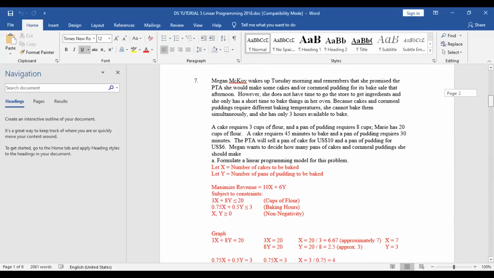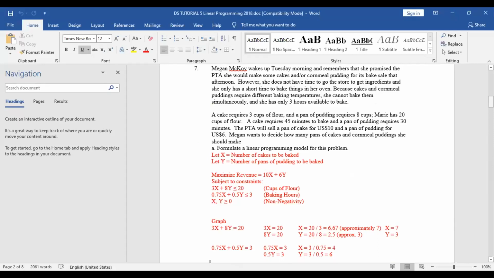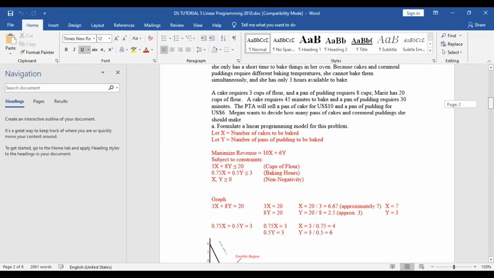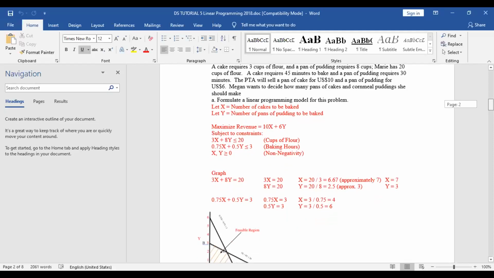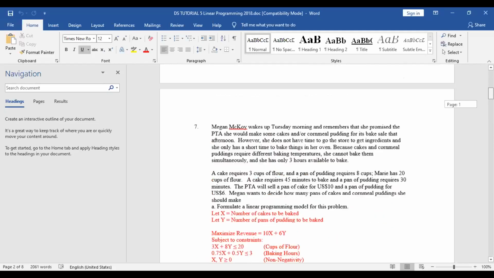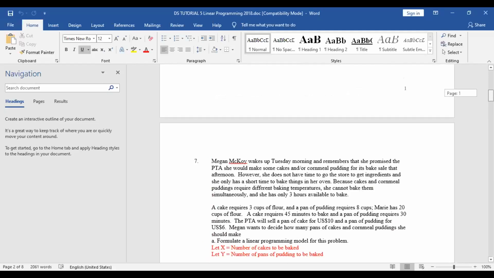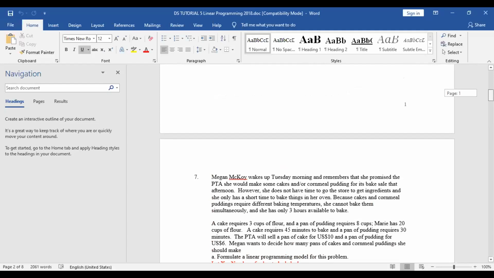Now, look at the table. Take off your solution, so that all you see is the instruction: formulate a linear programming model. Very good.